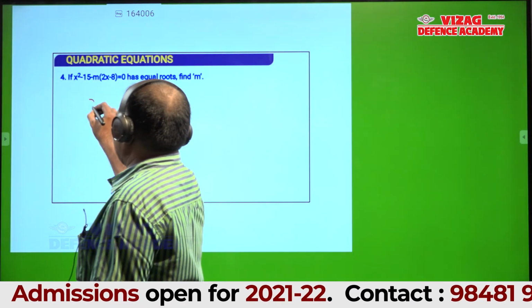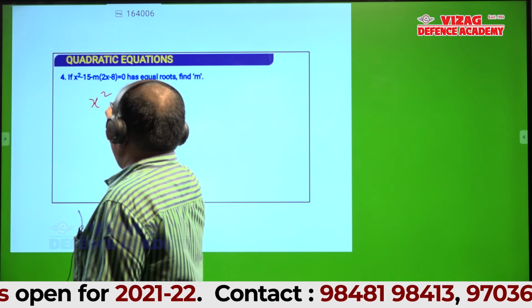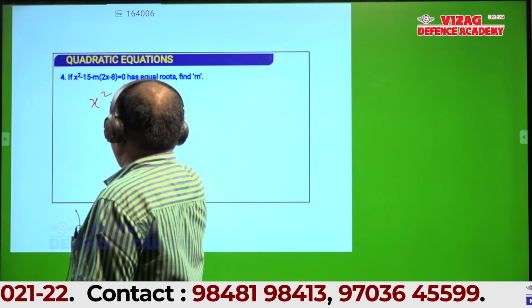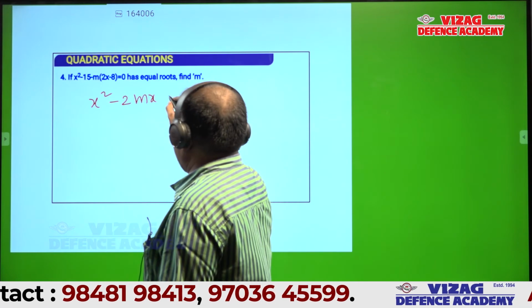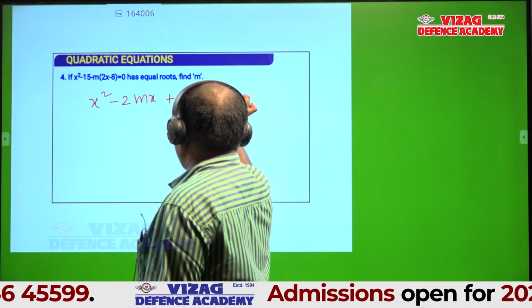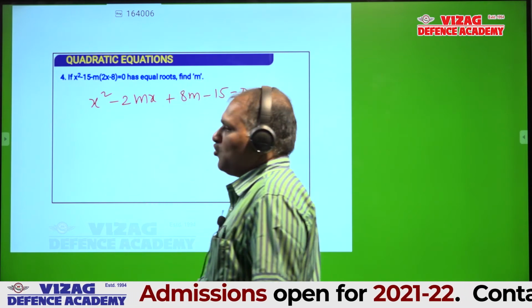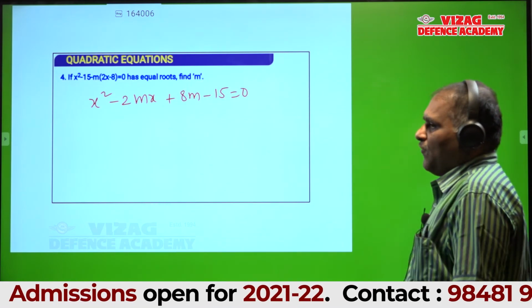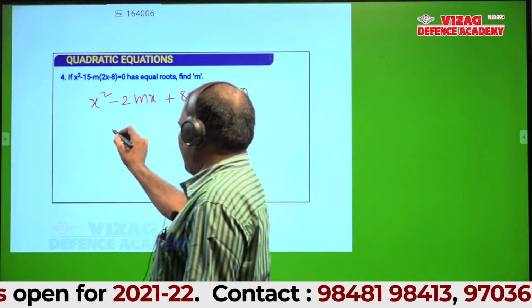Here x square minus 2mx plus 8m minus 15 is equal to 0. Find out the discriminant.